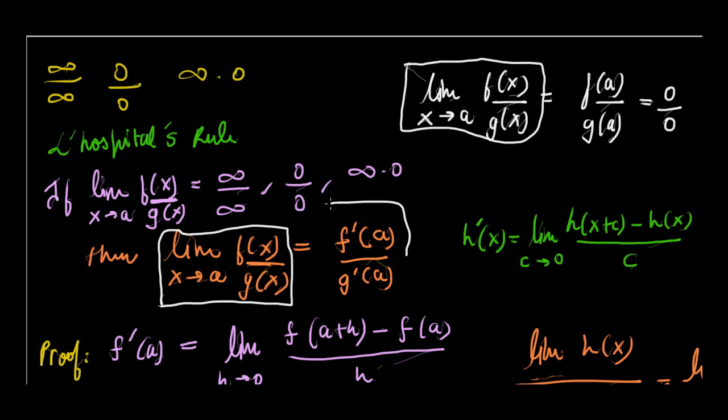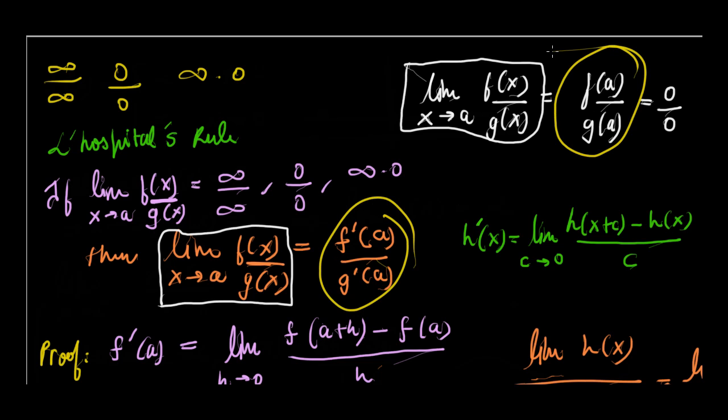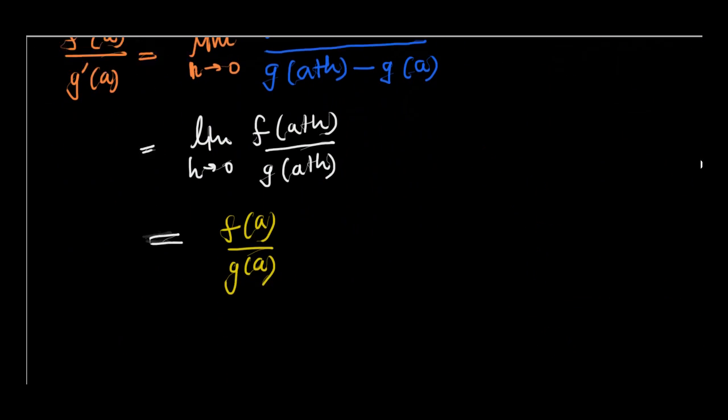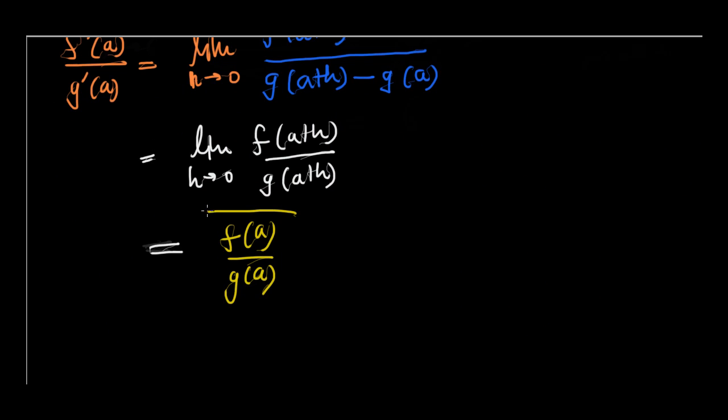So I proceeded from here, and I got here, right? So you can see that I've done the proof, right? Because if this is equal to this and this is equal to this, then this must be equal to this. So I proved it. So this comes out to be f of a over g of a.